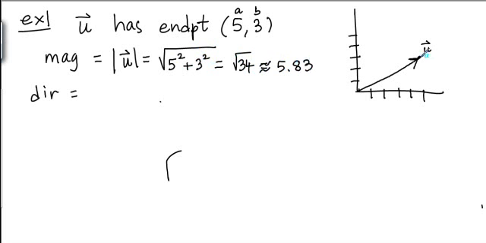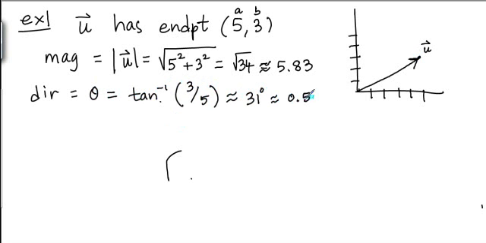So this vector is 5.83 units long, and the direction theta is tangent inverse of b over a. When you plug this into your calculator, you get roughly 31 degrees or 0.54 radians. So that angle is 31 degrees or 0.54 radians, and the magnitude is 5.83.